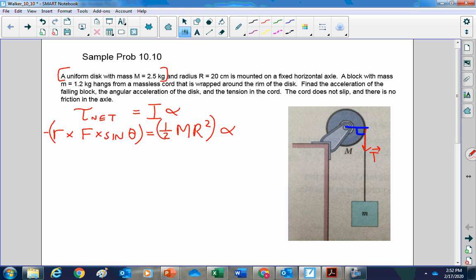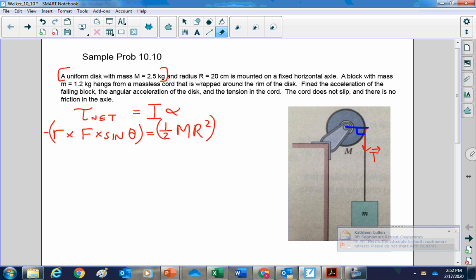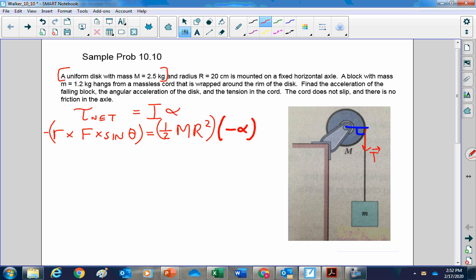The negative signs will go away in a second, but let's be consistent here: this is going to rotate clockwise, and so both alpha and torque are negative.